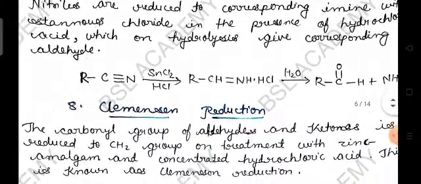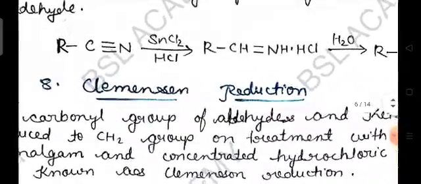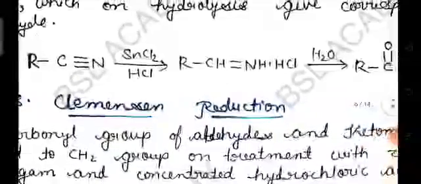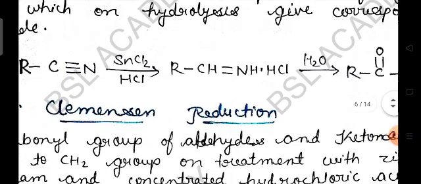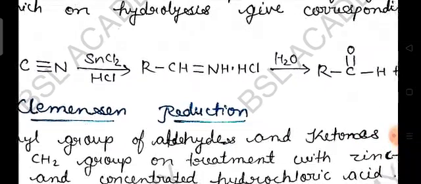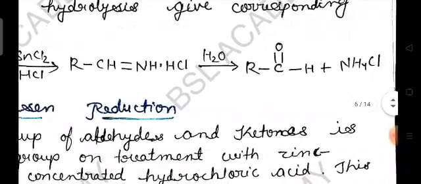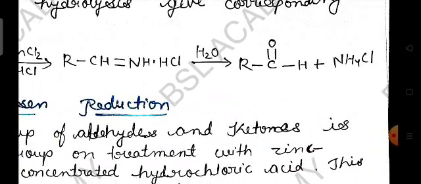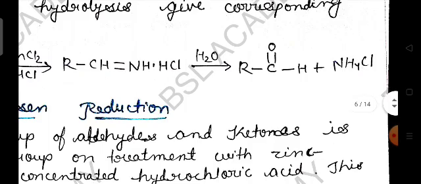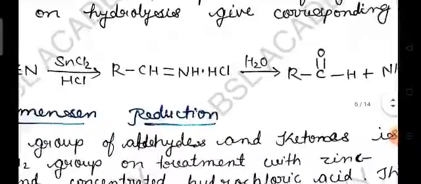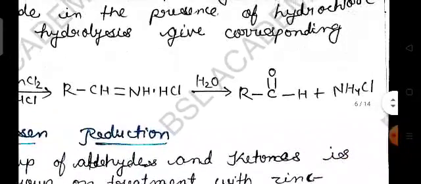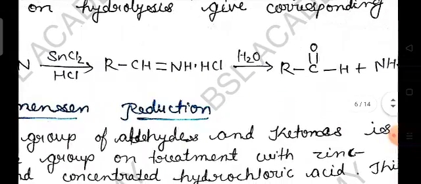This is your nitrile group treated in the presence of stannous chloride and HCl, which gives RCH=NH·HCl. This is your imine, and on hydrolysis it will give the aldehyde group plus NH4Cl. So RCHO is your major product.